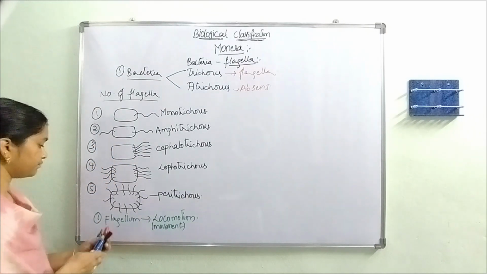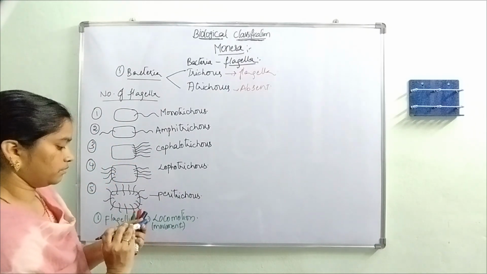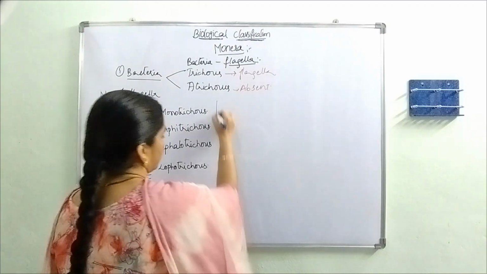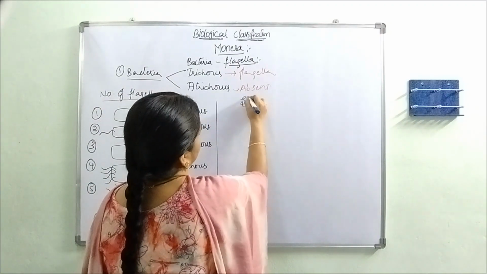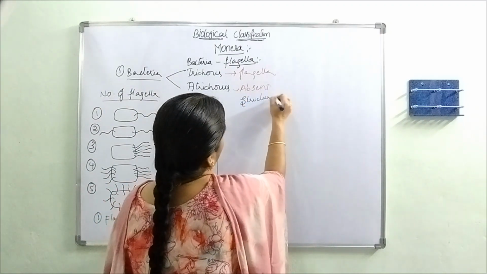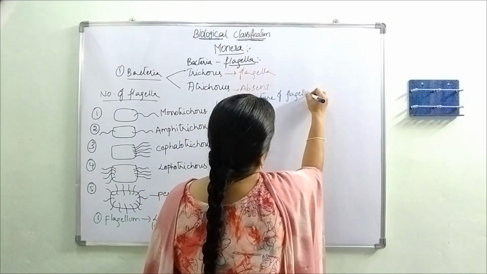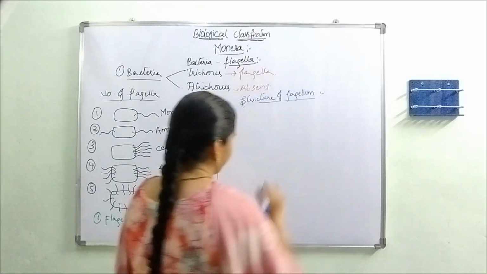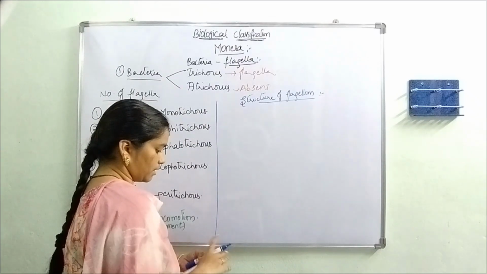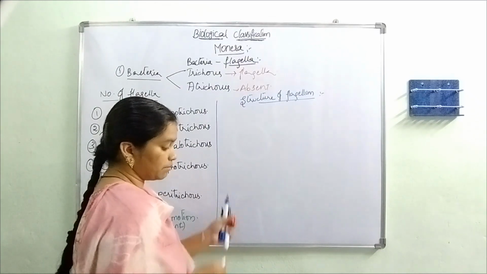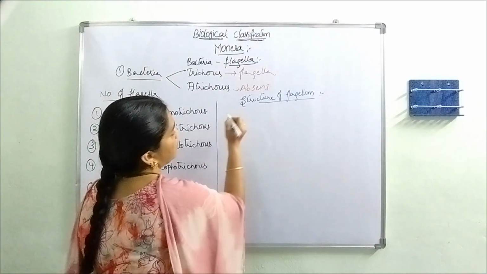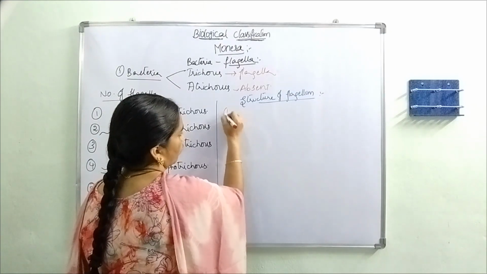Next, structure of flagellum. Here, the flagellum is made up of 3 parts. They are 1.